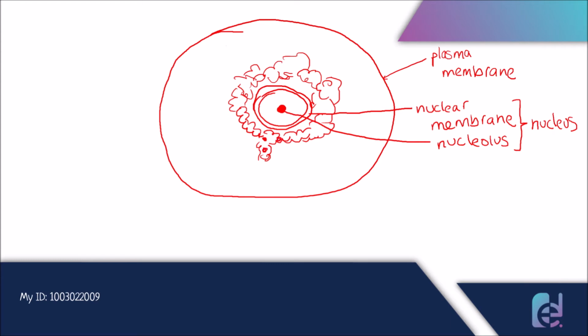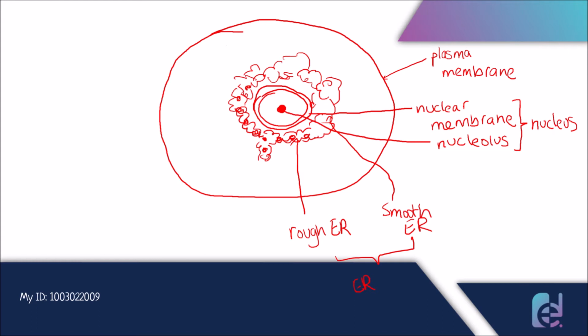This we will call the rough. The rough has ribosomes on it, and this is the smooth. So we have the rough ER and the smooth ER, and these combined make the endoplasmic reticulum as a whole.